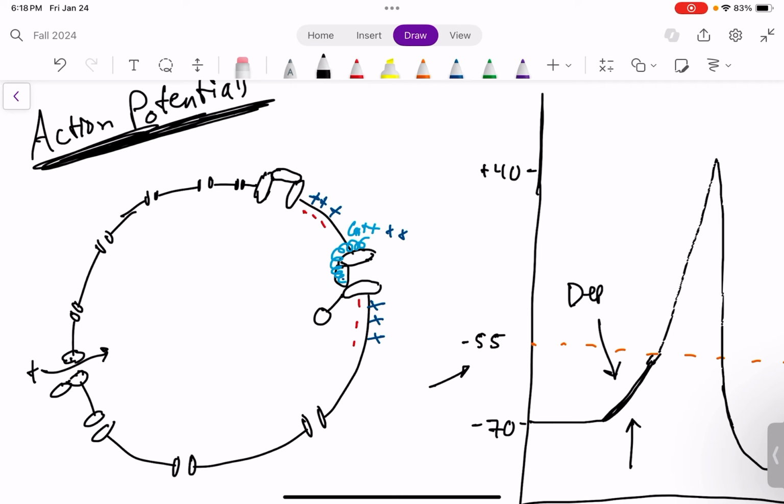Now, these negative charges are also attracting the calcium down to also close the gate.